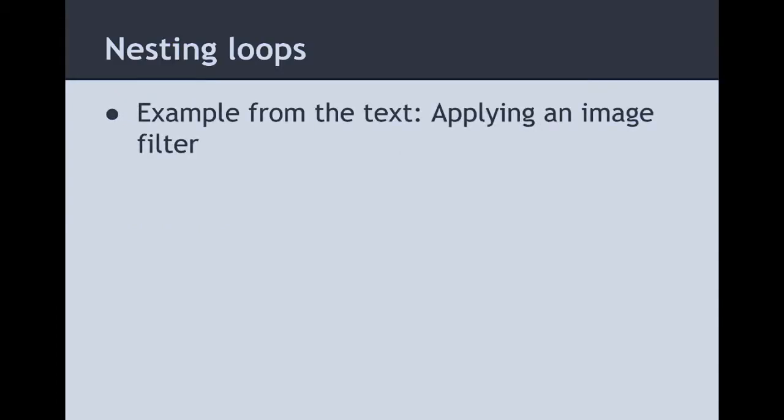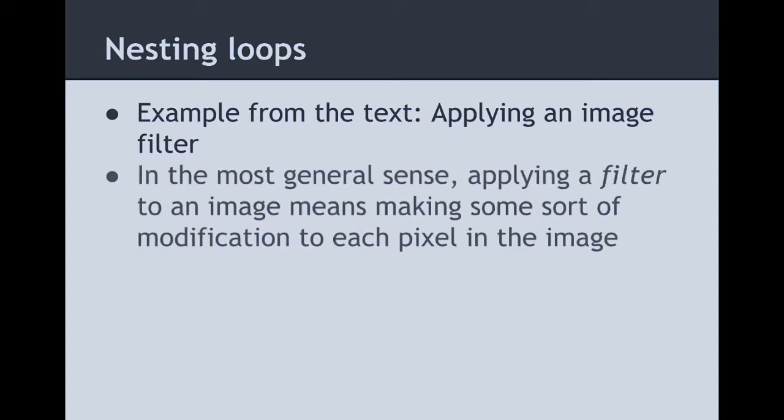The example from the text does an image filter that's an edge detection filter. A filter applied to an image, in this case, means looking at all the pixels in an original image, making some change to each pixel, thus creating a new image.